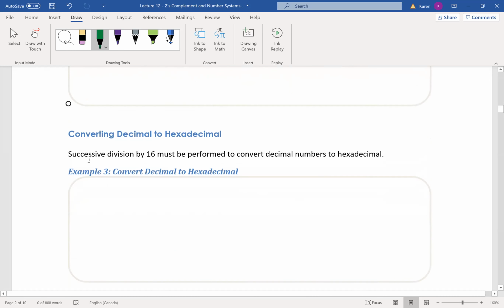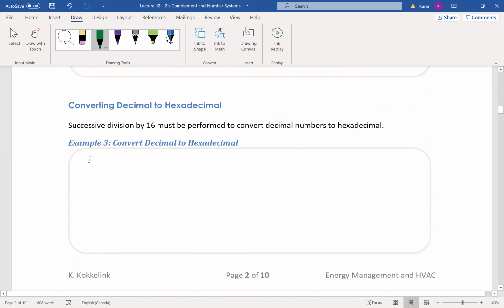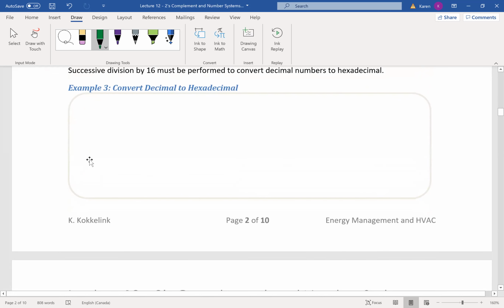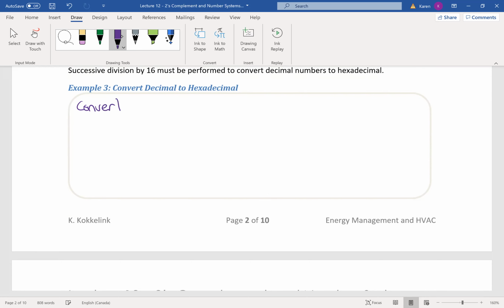Now, if you want to convert decimal over to hexadecimal, unfortunately, we have to do repeated divisions by 16. So let's say we were going to convert 423, which is decimal, to hexadecimal.